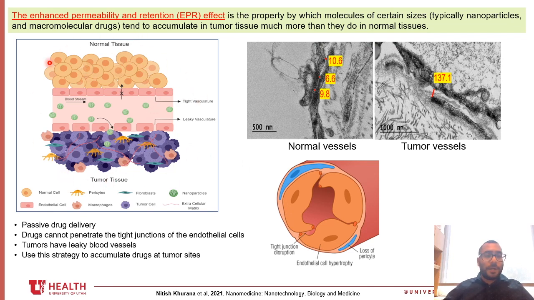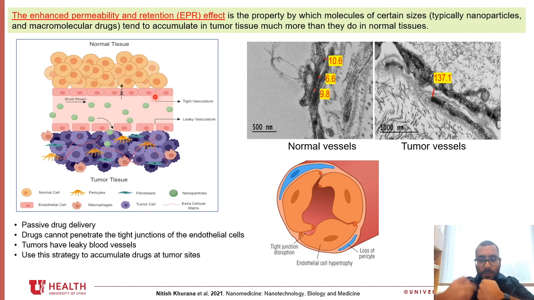Here is an example of normal tissue, cells present in the normal tissue, and here is an example of cells present in tumor tissue. Now there is a blood vessel passing through both of these tissues, right? And we know that the blood vessel is lined by endothelial cells. These are endothelial cells, and you see how these endothelial cells in a normal tissue are tightly packed to each other.